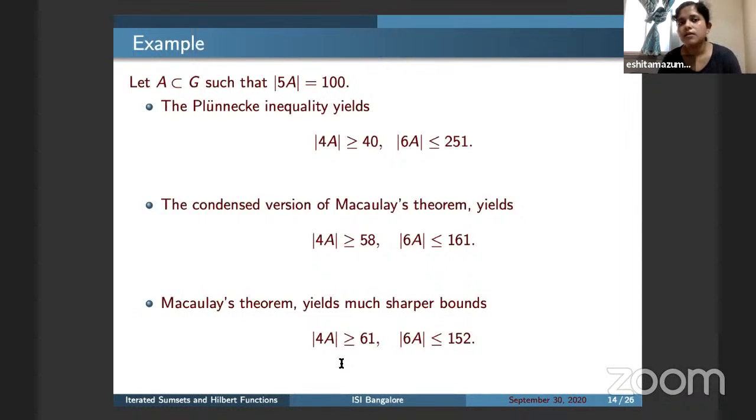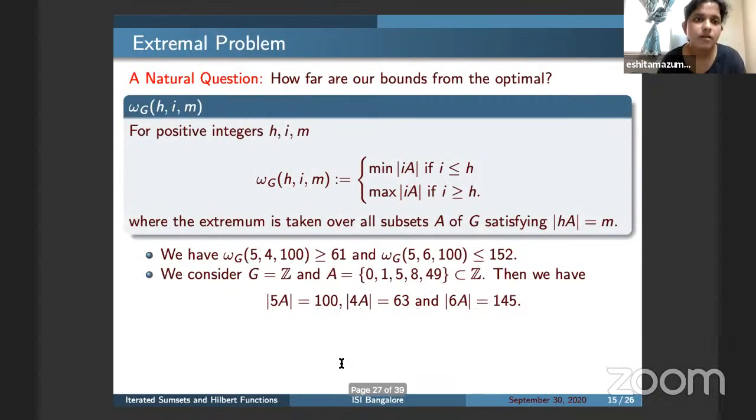Now, the natural question is how far we are from the optimal bound. This natural question forces us to define an extremal problem. For that, we define the extremal function omega_G(h, i, m) for a group G and positive integers h, i, m.